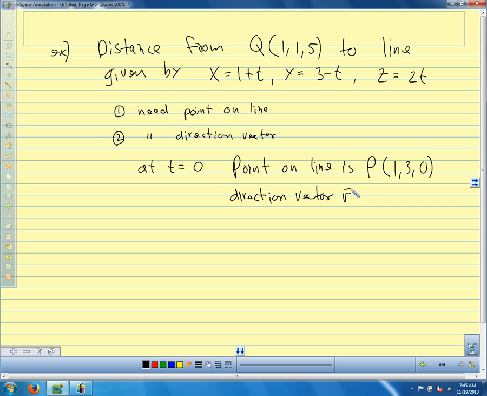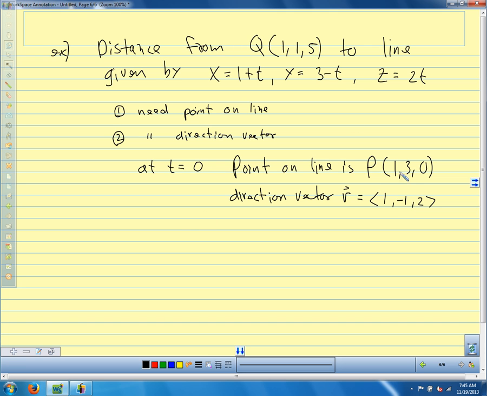We'll say V equals the vector (1, -1, 2). So now we're set. We're going to form PQ, take the cross product with V, and find its magnitude.